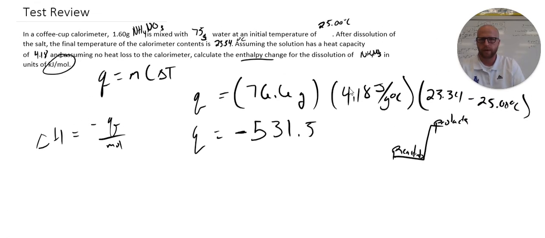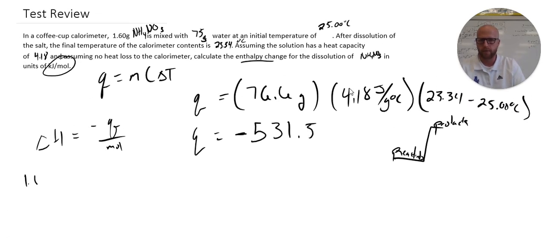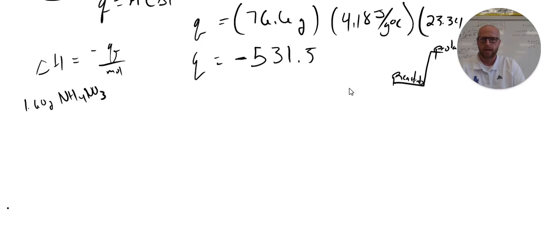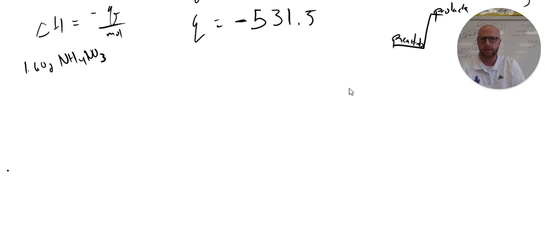We have 1.60 grams of ammonium nitrate, and I have my Q. So delta H is equal to a positive 531.5 joules divided by, let's find the molar mass.